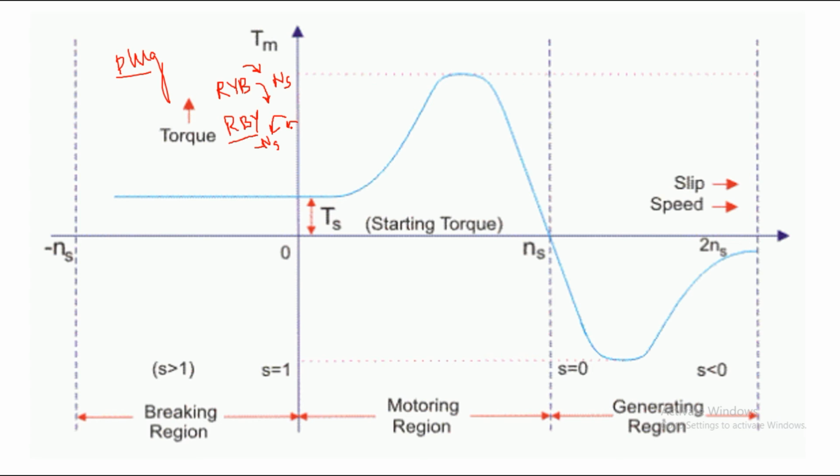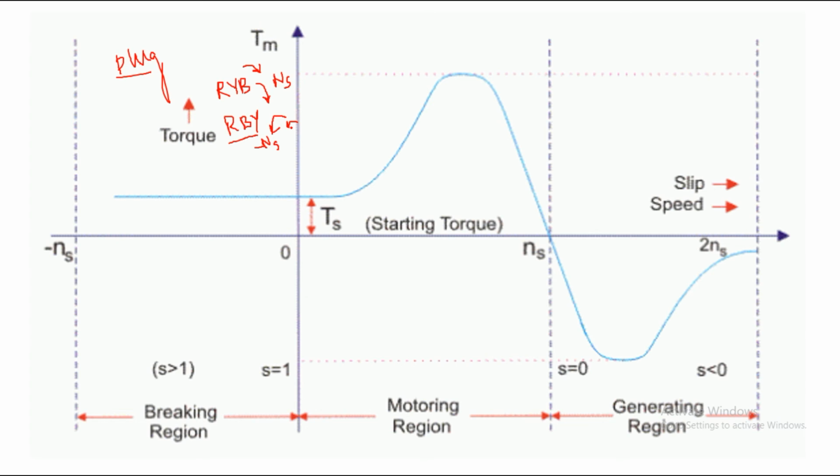Due to the sudden change in the direction of the synchronous speed, the rotor is again going to try to follow the synchronous speed. At that time, we expect an opposite torque in the rotor, and due to that, the speed of the rotor is going to get reduced to some extent. That speed reduction is required for electrical braking.